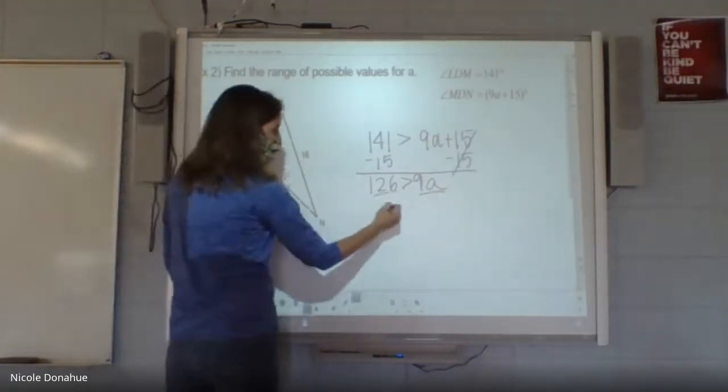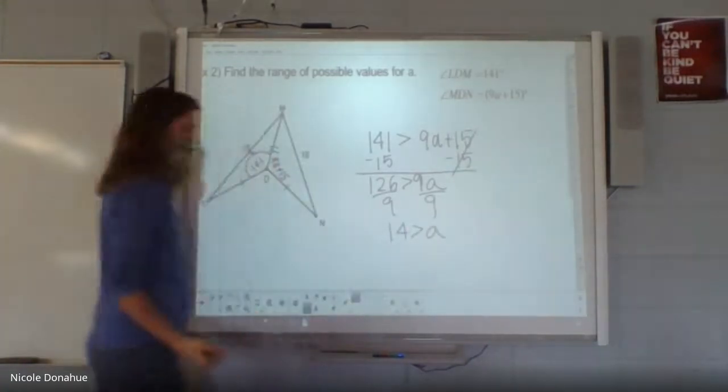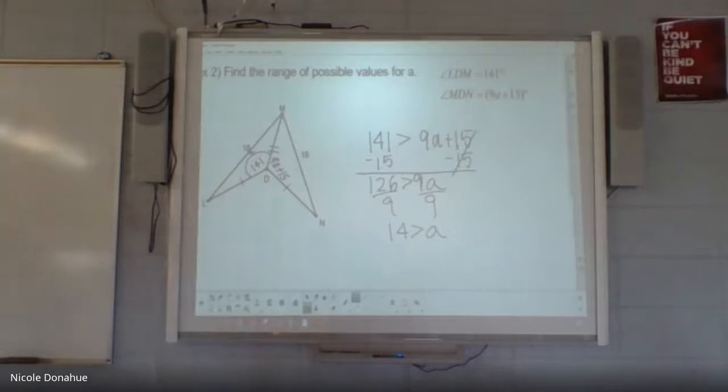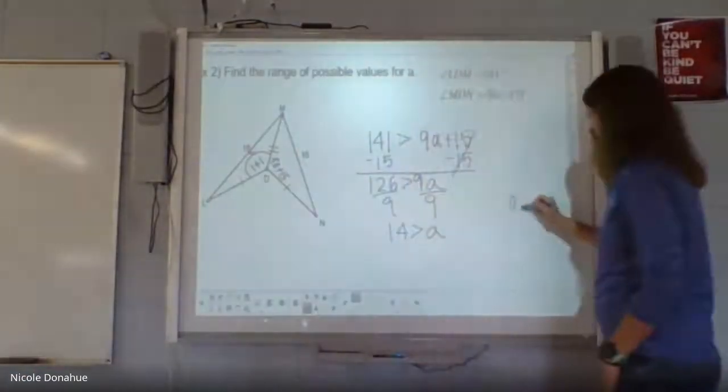What's that? 14. 14, thank you. Okay. Now I want to mention something else about this. I think we have to do this other end of it. Oh, maybe that's all we have to. The only other thing that maybe you want to say is that a has to be less than 14.